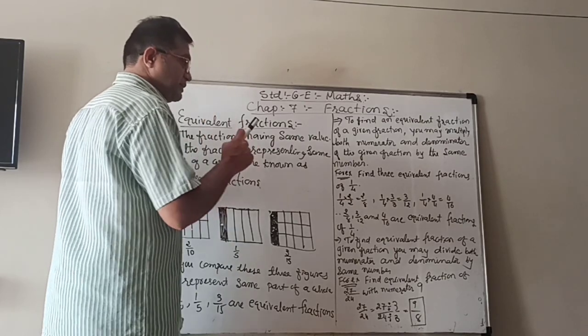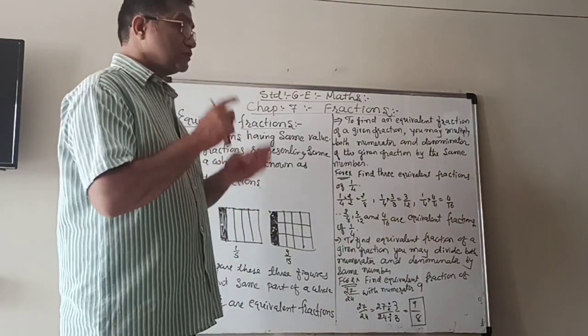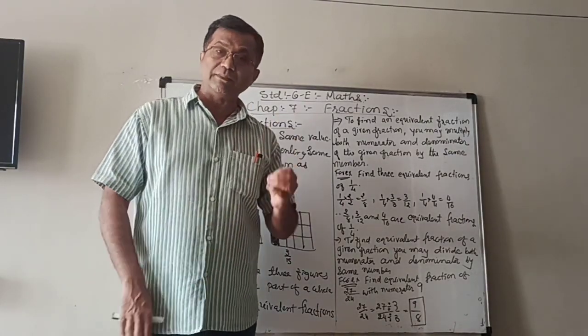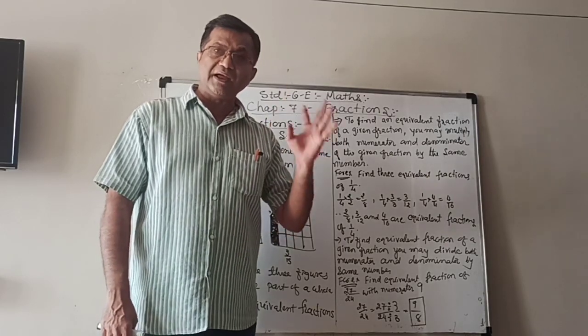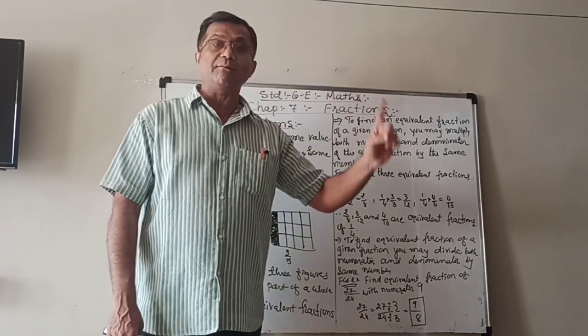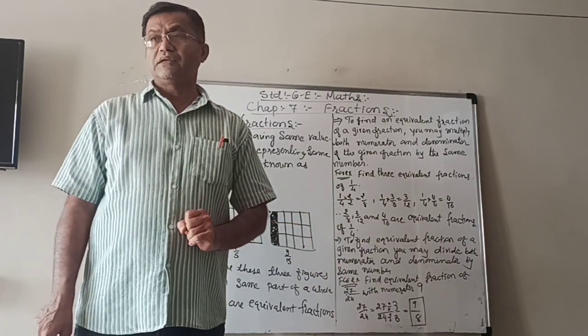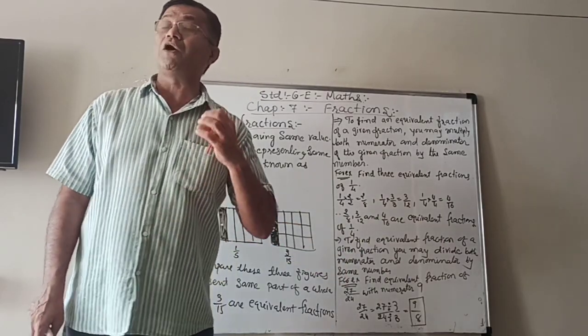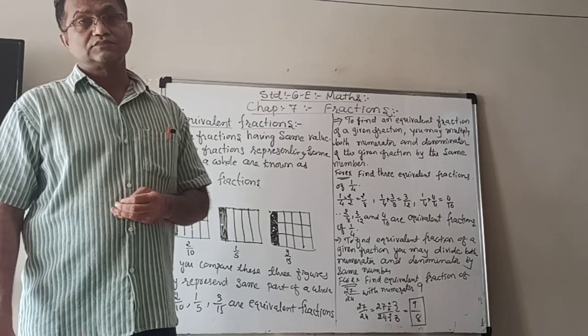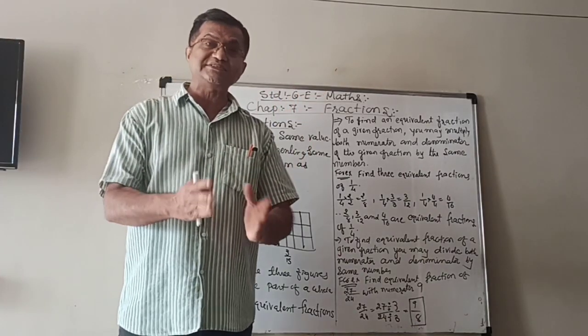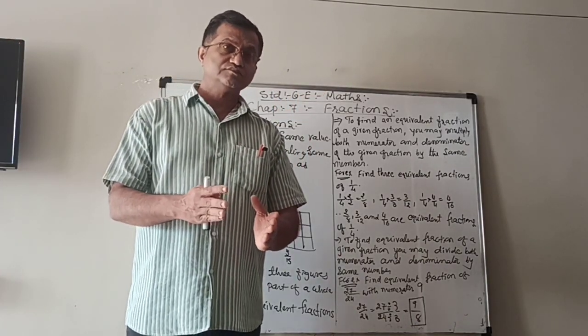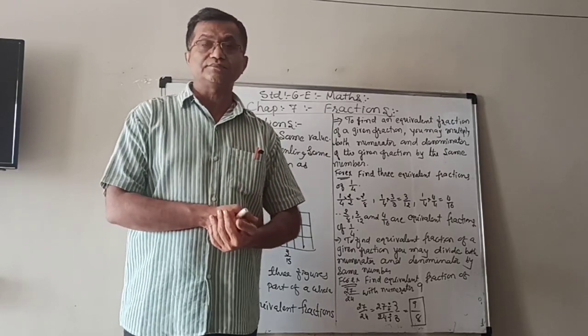So just remember that if you want an equivalent fraction, you have to multiply both numerator and denominator by the same number. Now the second method. The second method is not always applicable, because when there are small numbers, you can't use that.